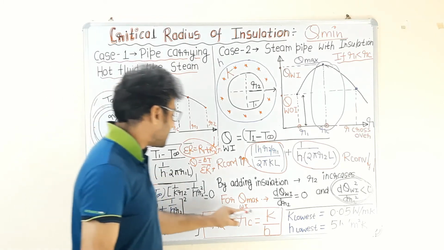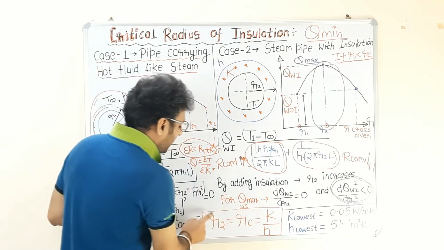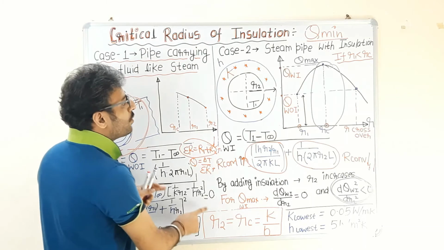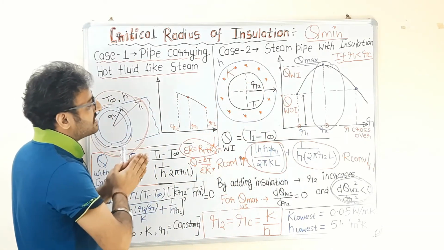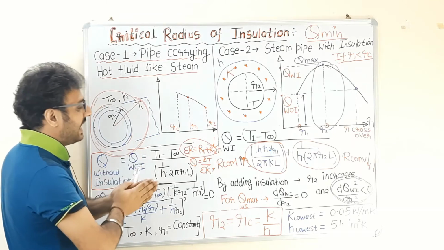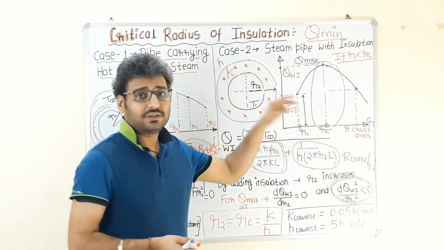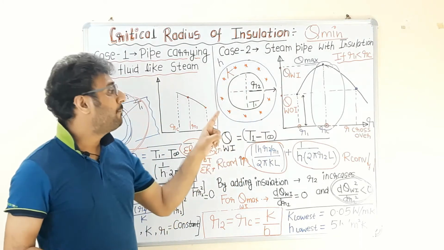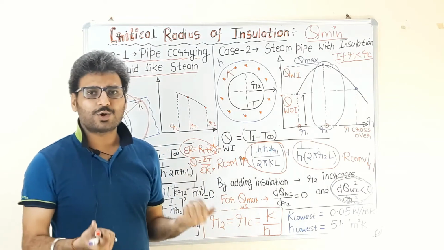Now from this expression we can see the critical radius of insulation, which shows the blunder condition. So we should design our system in such a way that we stay away from this zone. From the graph, the third important parameter is R crossover. What is R crossover?